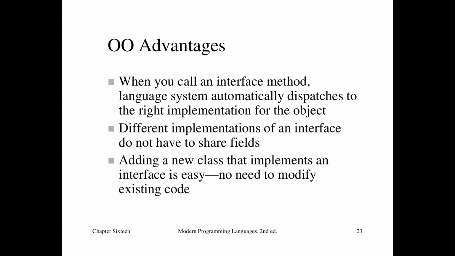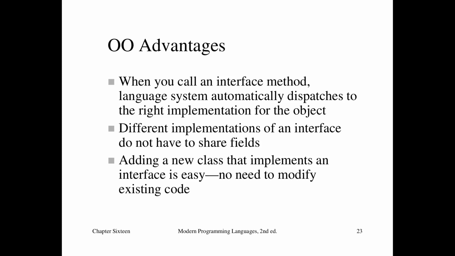The advantages that we have from OO, though, are that we can define interfaces. Interfaces guarantee certain methods are available for any class that implements them. We know that the language system will automatically dispatch to the right implementation for an object. Different implementations of an interface do not have to share fields, so that means we have data encapsulation capabilities.